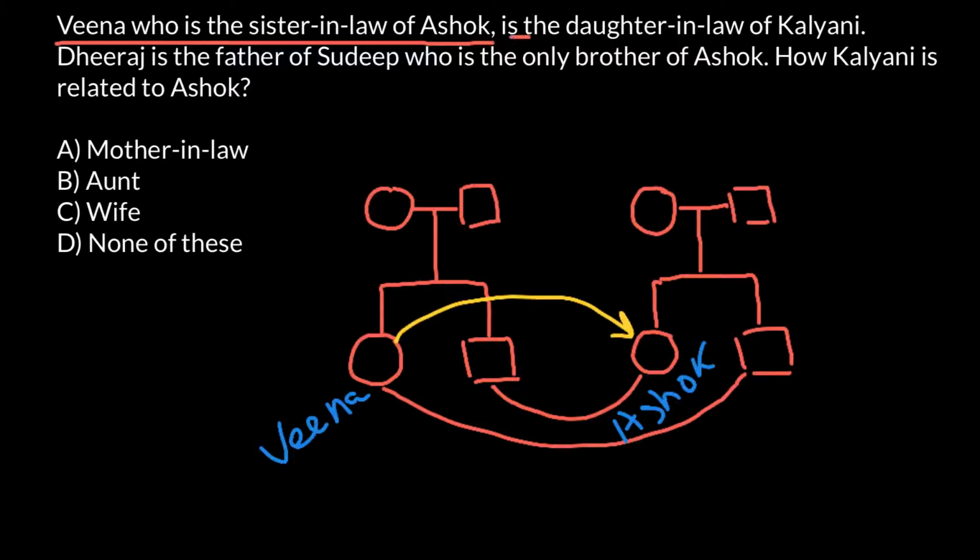So she's also daughter-in-law of Kalani. But let's continue. Again, you may think that Kalani can be any of these two people, but actually not. Dhiraj is the father of Sudip, who is the only brother of Ashok. So here is Ashok, and her only brother is Sudip. So let's put Sudip here.